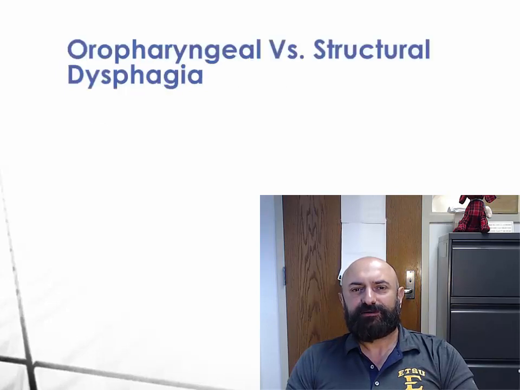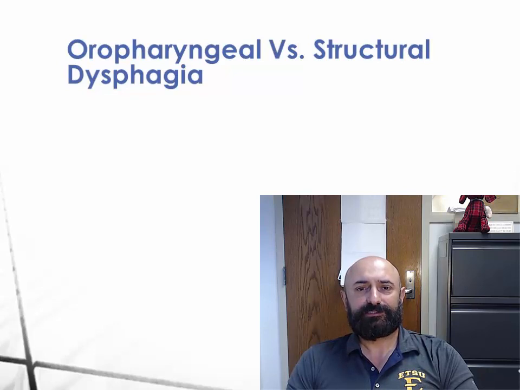Dysphagia may be one of the causes for malnutrition. Obviously, if a patient has difficulty swallowing, they may not be able to eat and have limited food intake, and as a result, an impaired nutritional status. There may be a different presentation of dysphagia depending on the origin of the dysphagia.